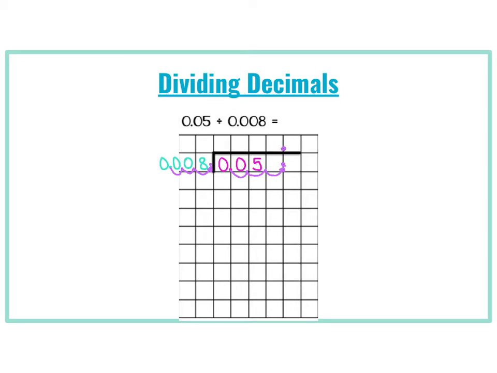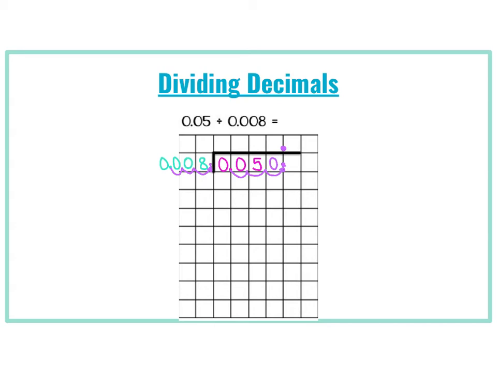And then bring that decimal point straight up in my answer. Inside this space right here, I'm going to write a 0. So now we're dividing 50 divided by 8.